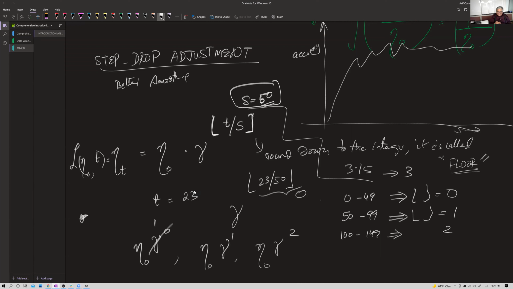Typically, gamma in these situations, gamma that people select, is in the range of 0.1 to 0.5. Why? Because let's say that you make it 0.1. What is 0.1 square? So the first step will be 1/10, and the second step will be 100th. Isn't it?